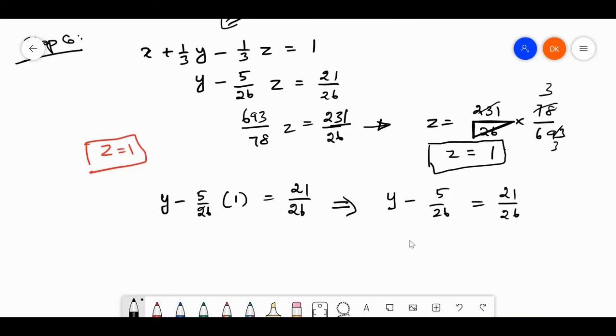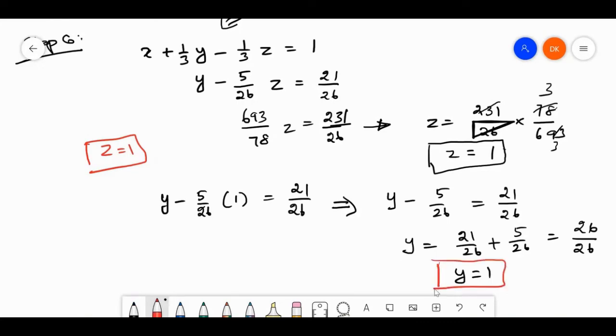So then y is equal to, what will happen? Plus will come. So 21 divided by 26 plus 5 by 26, that is equal to 26 divided by 26. So then y is equal to 1. So y also is equal to 1.